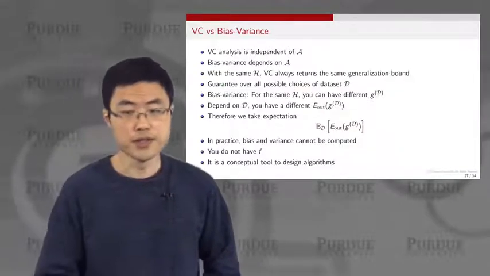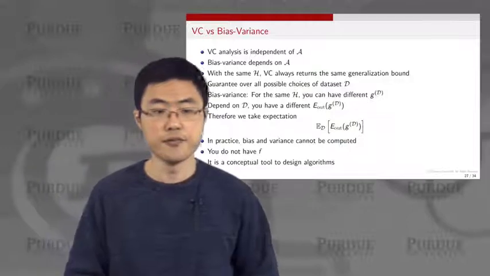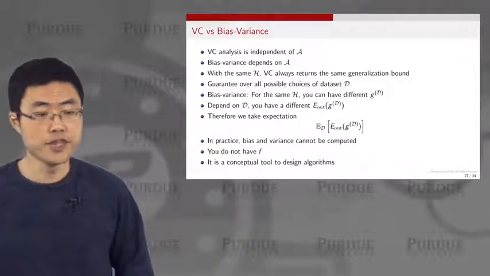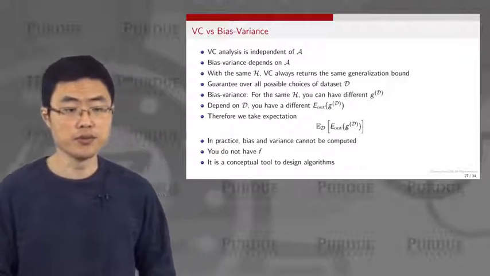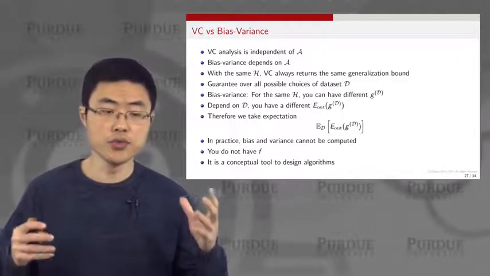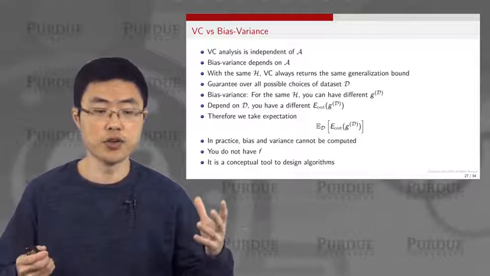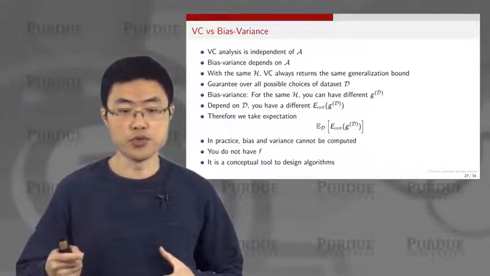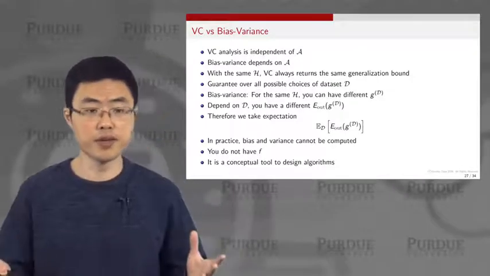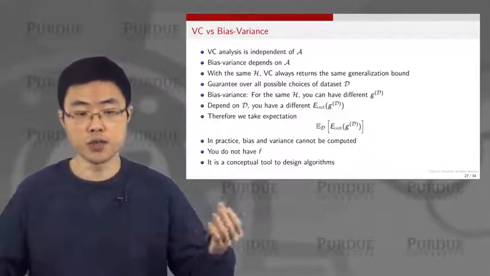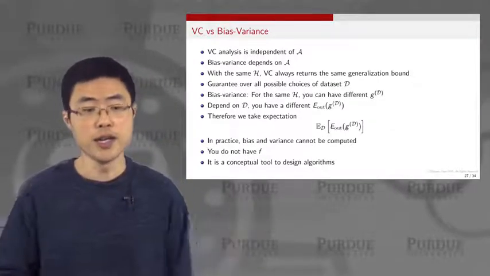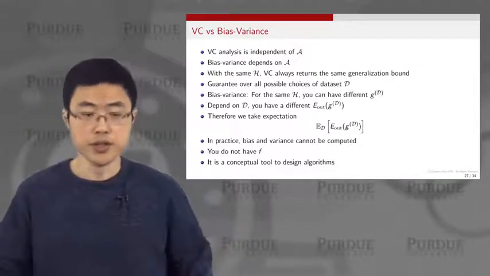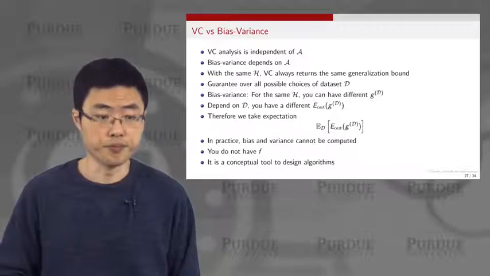So to summarize, what is the difference between the VC analysis and the bias and variance analysis? Well, in VC analysis, the thing that you're using is independent of the learning algorithm A. Because you're using the Hoeffding inequality that's universal for all A's, VC analysis is immune, it's agnostic to the particular learning algorithm.